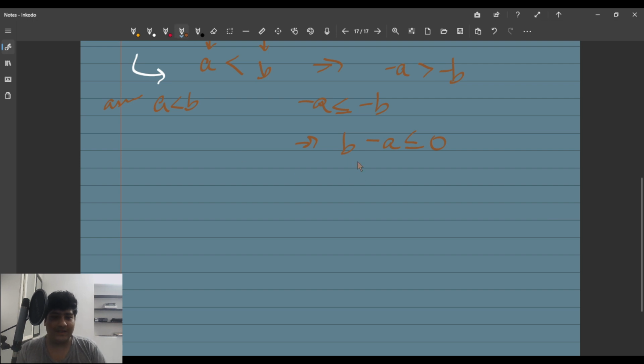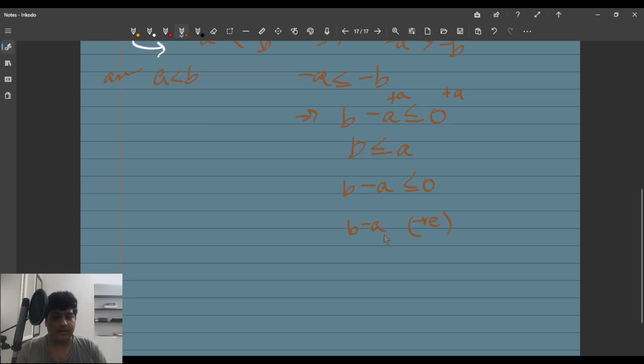So b minus a is less than or equal to 0 would imply b is less than or equal to a, if you add a on both sides. Which implies b minus a would be less than or equal to 0, which implies b minus a is negative or 0.